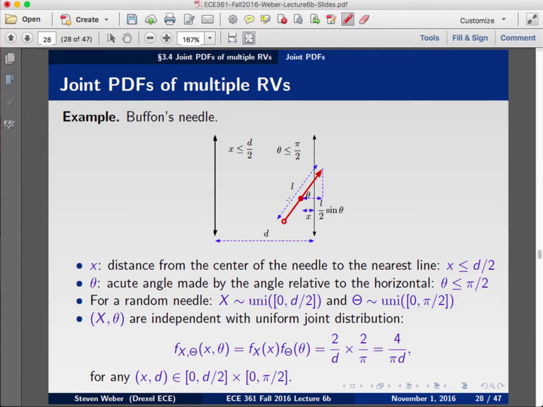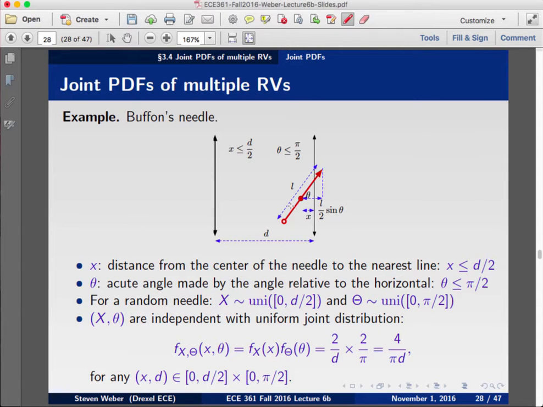And now we're going to, again, retain the fact that our needle has a length L. And we're going to look at the center point of our needle. Of course, if I look at the center of the needle, then the distance from here to here is L over 2, and the distance from here to here is L over 2. And I've added an arrow to the needle for no essential reason.